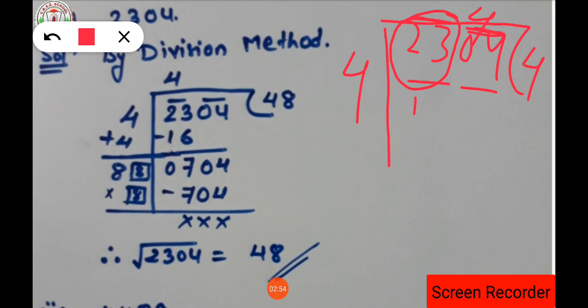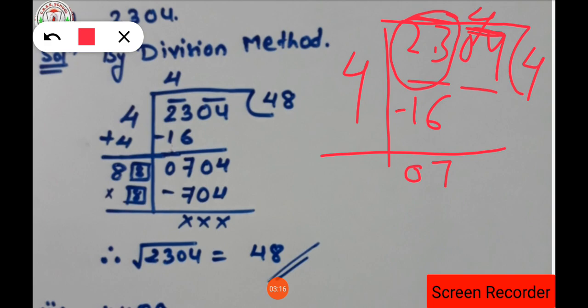Then 16 will come here, and we are going to subtract 16 from 23. So what will we get? 3 minus 6 is not possible, so 13 minus 6 will be 7. 1 minus 1 will be 0. Here 2 gives a carry to this 3 and it becomes 13.